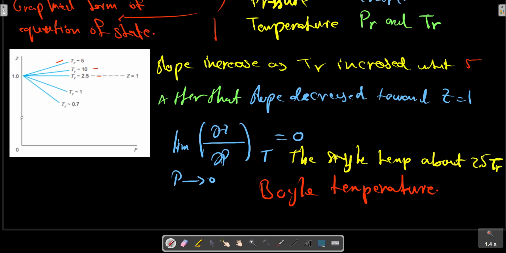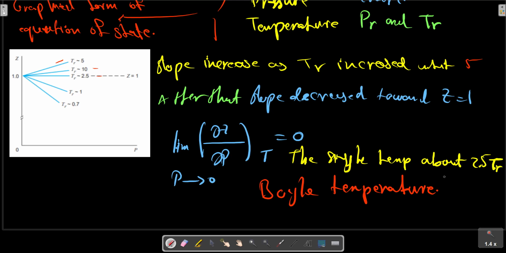This is the only temperature at which a gas behaves exactly as an ideal gas at low but finite pressure, since all other isotherms go to zero pressure, as shown in the picture.